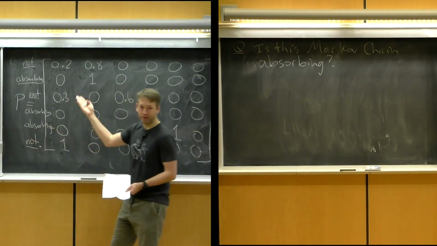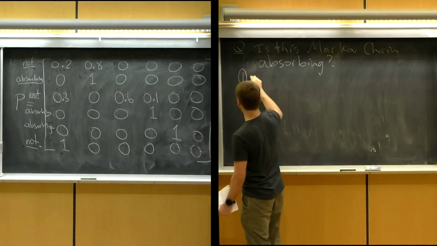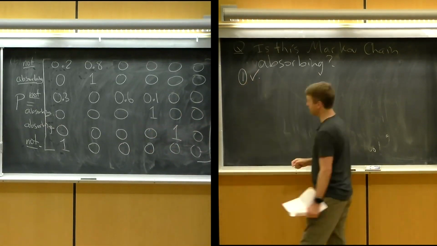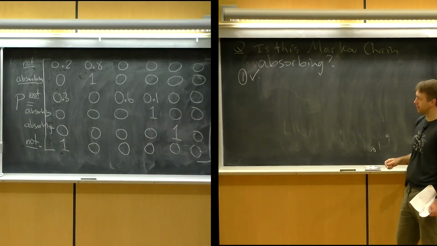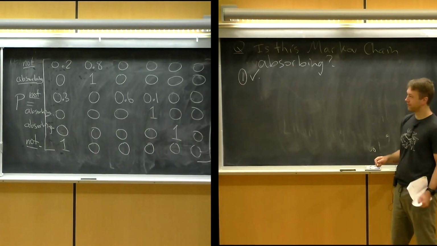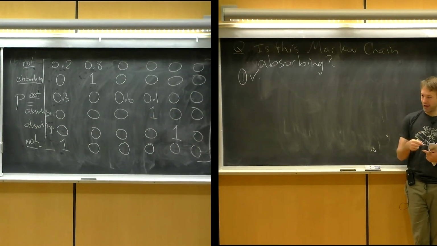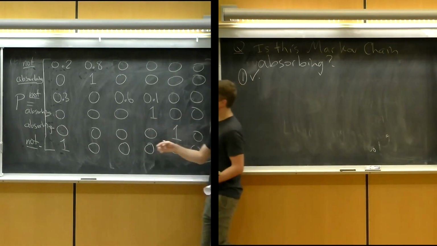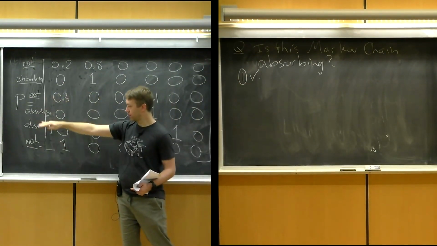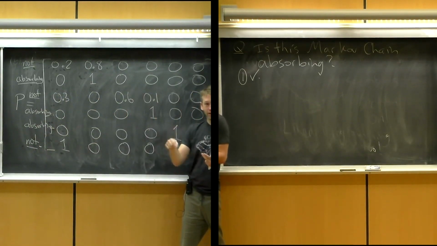There's like 3 of them, right? So 1 is satisfied because there are lots of absorbing states. Then what we need to check is whether from every non-absorbing state, so from states 1, 3, or 6, it's possible eventually to get to an absorbing state.